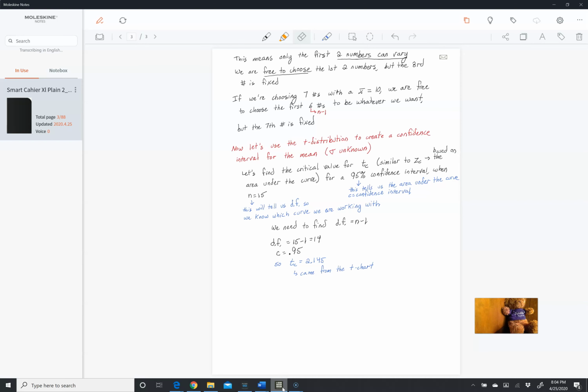Okay, let's do another one. This time we're going to do it for 90% confidence level, and we're going to say when n equals 22.